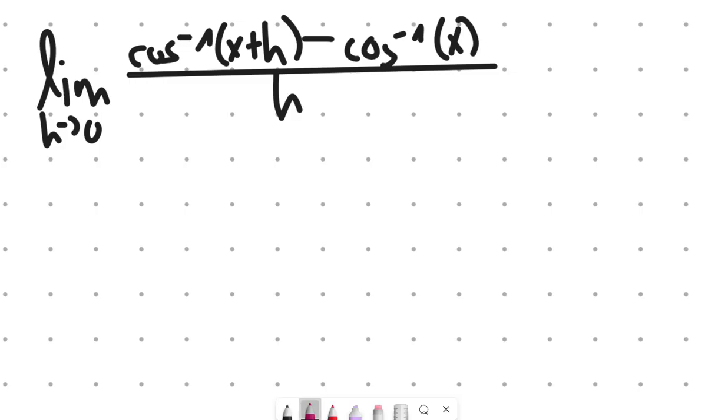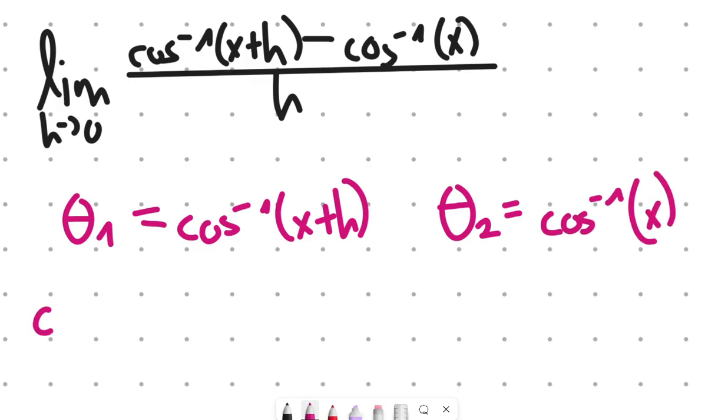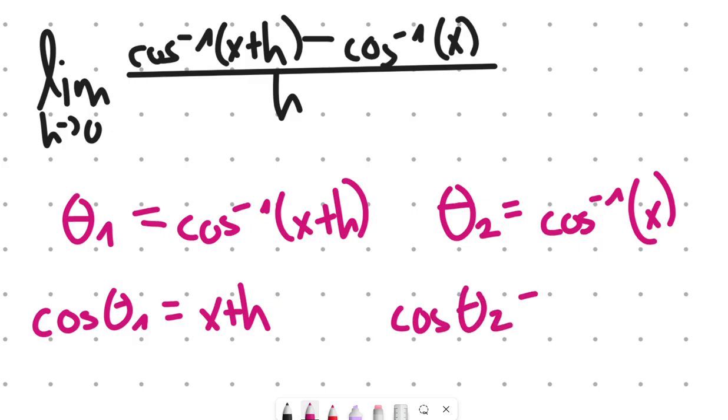So we would just substitute, let's say, theta 1, like the first angle, to be inverse cosine of x plus h, since the inverse cosine always represents the angle. Now, we would also represent the second angle, theta 2, to be inverse cosine of x, which means that the cosine of theta 1 is equal to x plus h, and the cosine of theta 2 would just equal x.